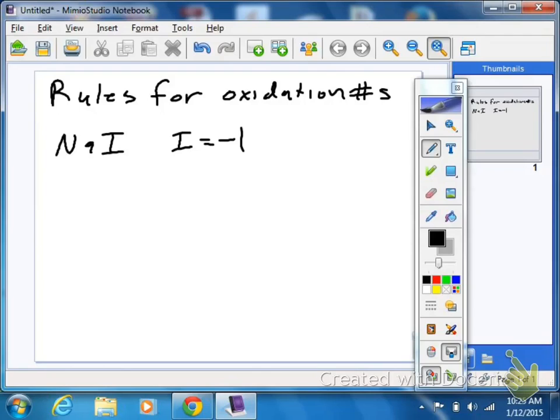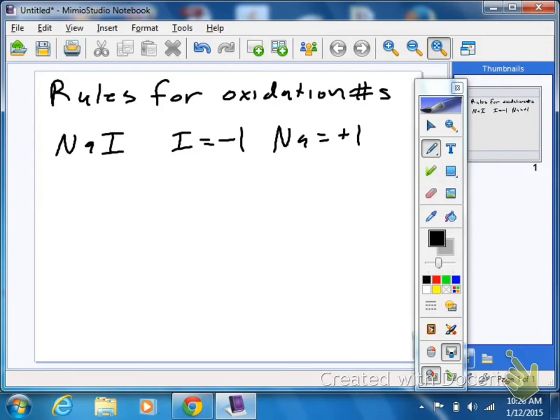Now, it will never be a +1, +5, or +7 when it's bonded to a metal ion or a positive ion. It's always going to be a -1. Okay? Any questions with that? Na is going to be +1. In ionic compounds, we call those charges, and we can also call them oxidation numbers.